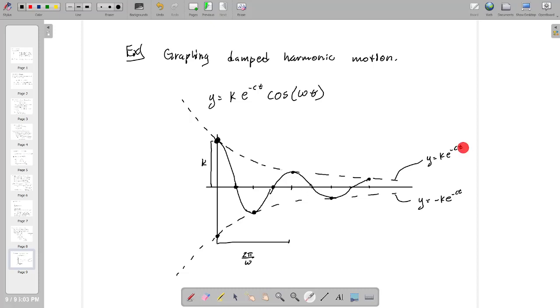If I plug that in here, that would give me this point because it's on both y equals k e to the negative ct and this function itself. Because cosine would be a maximum, meaning that it reached a value of 1 at this point. So it would be 1 times this function. So this function is always an upper bound on this entire curve, meaning that it plots out the maximum amplitude.